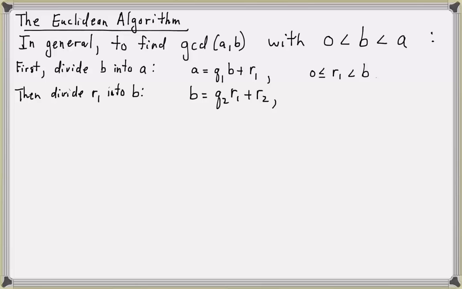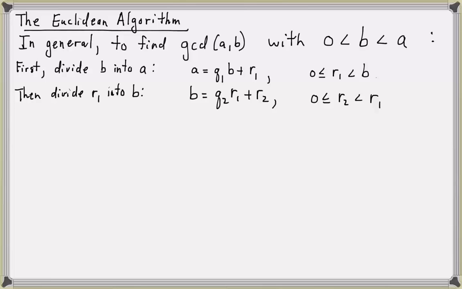And we see that R2 must be greater than or equal to 0 and strictly less than R1. So as we repeat this process, we see that the remainders are getting strictly smaller. Each time the new remainder is strictly smaller than the previous remainder, but they're also bounded below by 0. So after repeated steps of the division algorithm, eventually the remainder must equal 0.